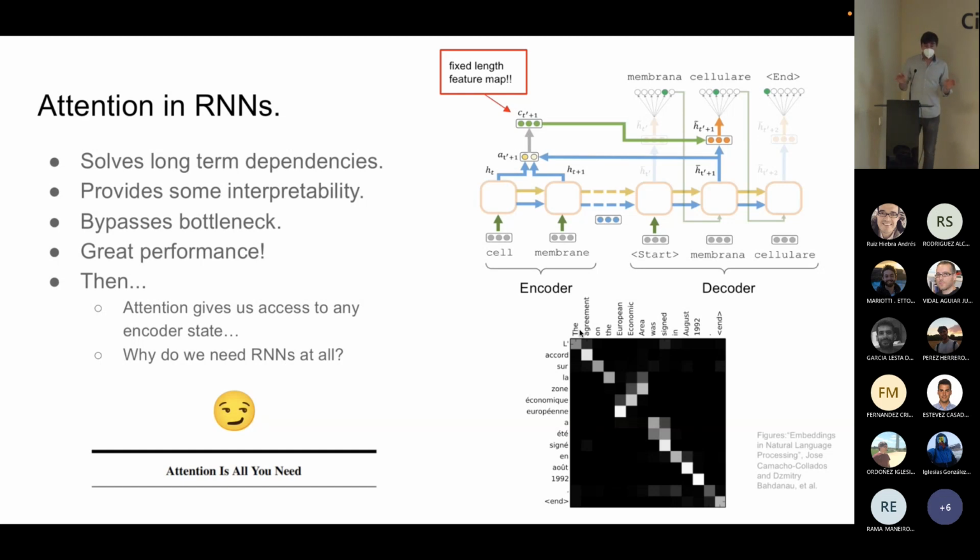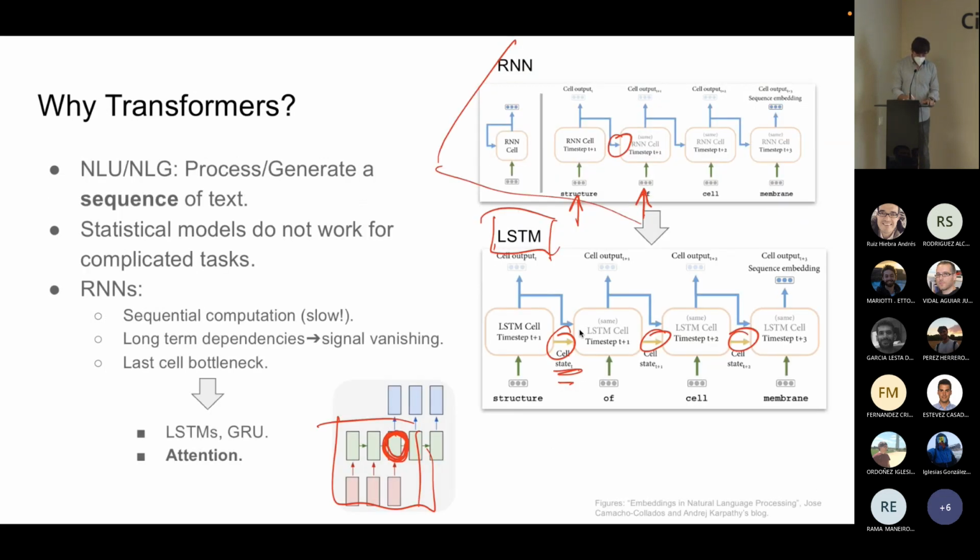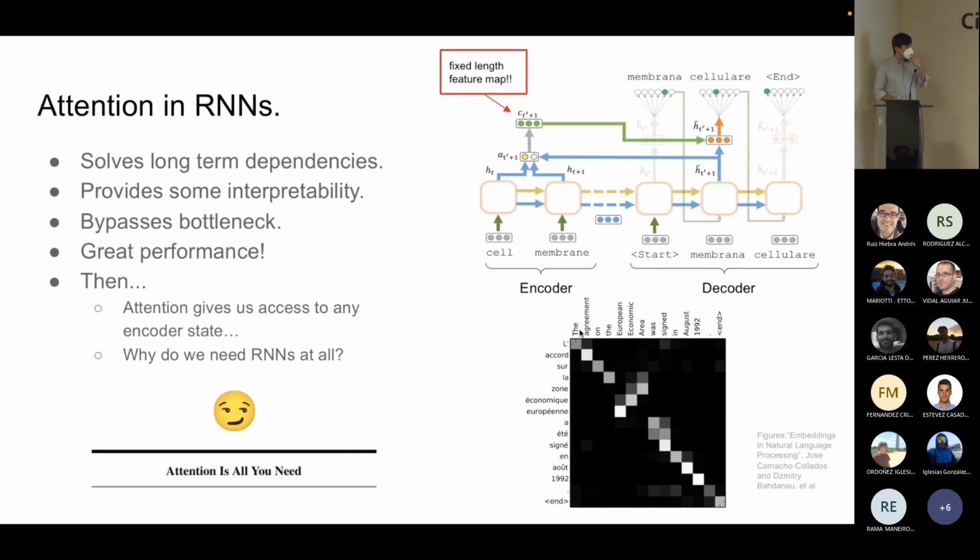Attention basically means that we bypass this problem of the bottleneck in the last state of the RNN, and we allow the generation phase of a sequence-to-sequence model to attend to every state in the encoding phase.